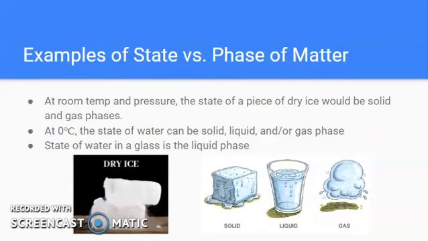At 0 degrees Celsius, the state of water can be solid, liquid, and or gas phases. The state of water in a glass is in the liquid phase. So remember, phase depends on physical and chemical properties of a substance, and this is a picture of dry ice and water in the 3 states, or phases.